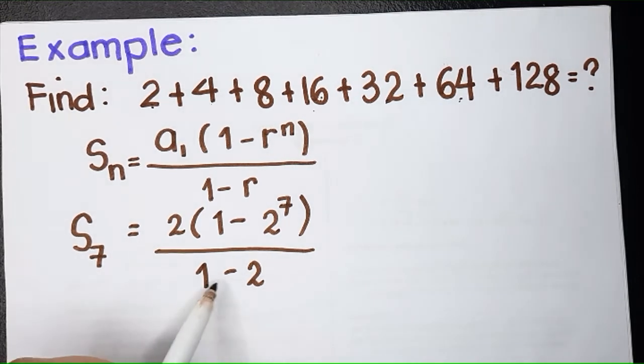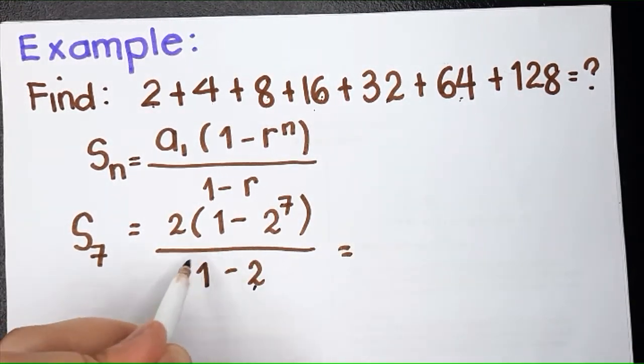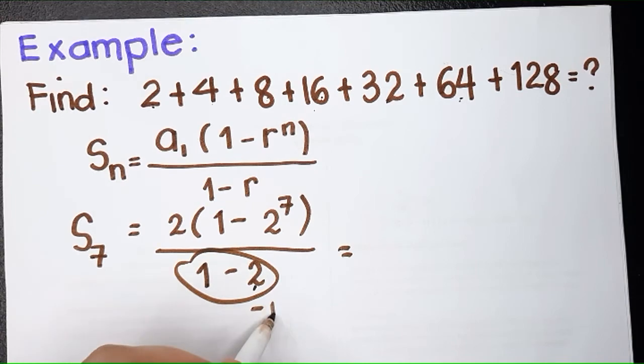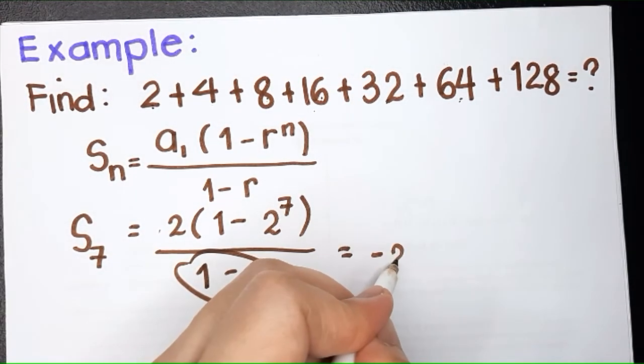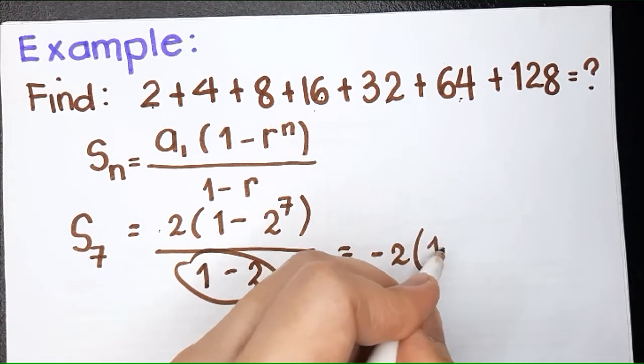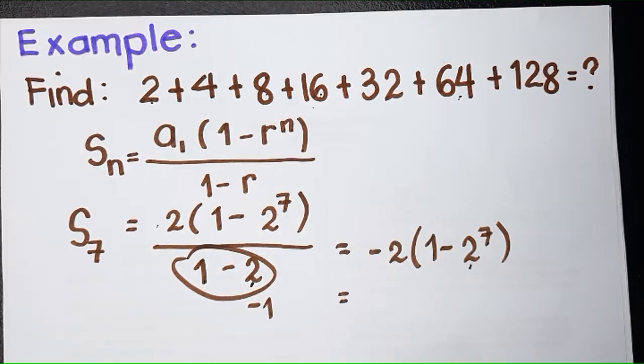Okay? So, what is 1 minus 2? You get negative 1. So, here you have negative 1 here. This is negative 1. Pwede mo nang itaas yon, yung negative. So, you'll have negative 2 times 1 minus 2 raised to 7.